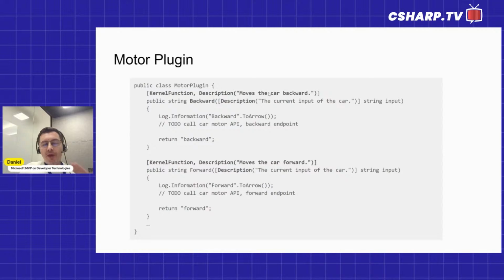So if you have such a class with kernel functions, keep there only the minimum of the functions you are planning to use with your prompt, and be precise and unique with your description, because the large language model will try to mix and match in order to identify which function is good for your prompt.